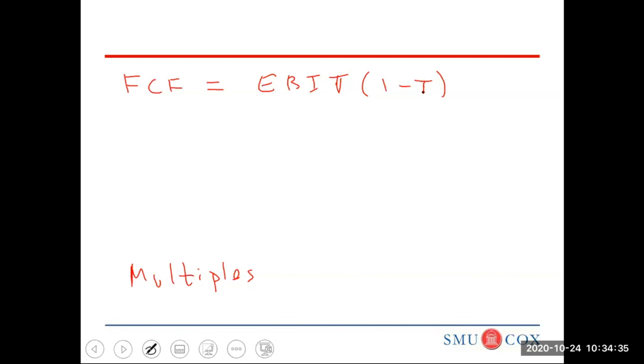Basically, it's EBIT times 1 minus the tax rate, and then you subtract CapEx, capital expenditures. You add back depreciation. And it could be plus or minus change in working capital.